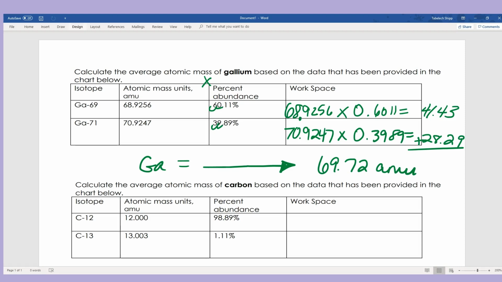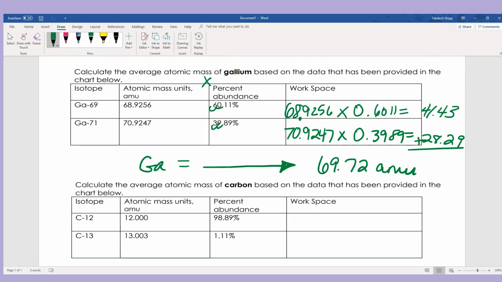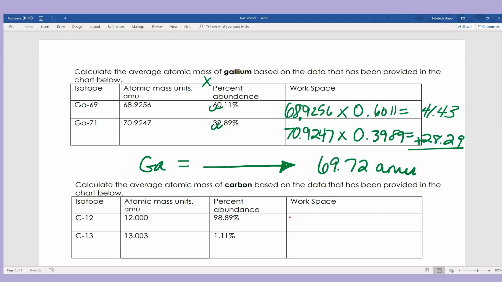Let's see here. I want to use a different color so we can have a different look. All right, here we go. We've got 12.000 times. Again, you're going to move your decimal back 2 places to the left, 0.9889. Now, again, I'm going to multiply those numbers, and your sig figs must be in check.